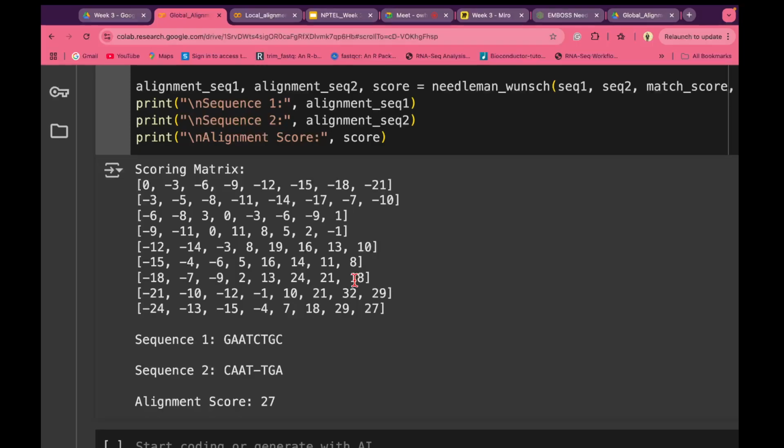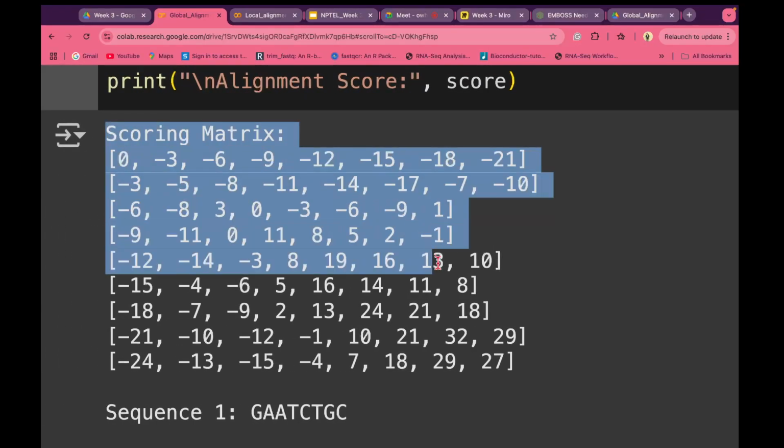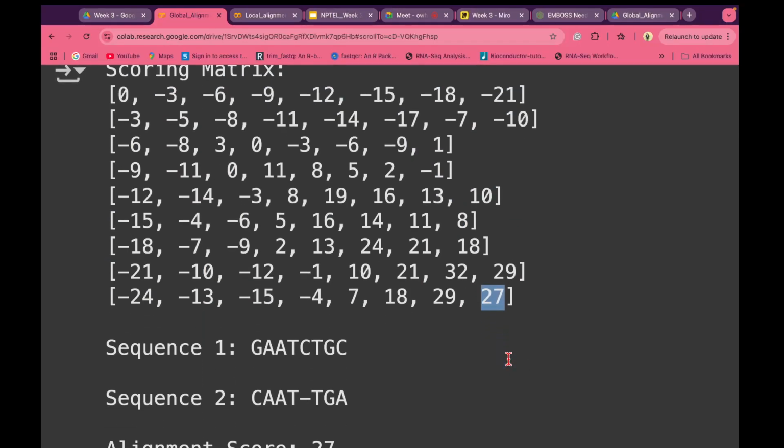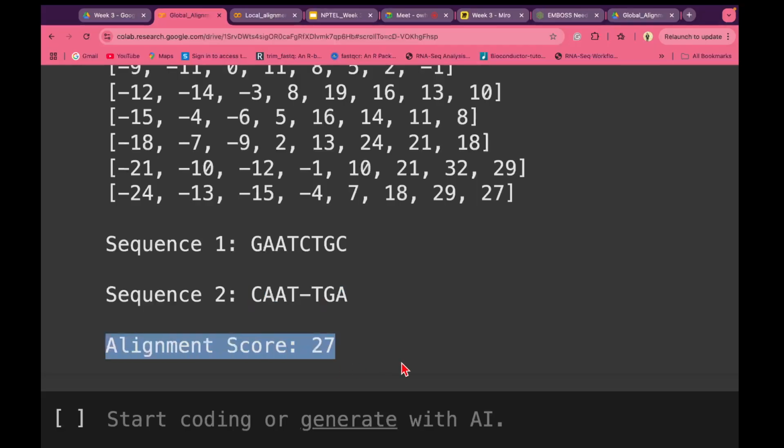When you run the code, it outputs the scoring matrix. This scoring matrix is similar to the scoring matrix you have seen in the slide, with an optimal score of 27, and this is the alignment with a gap introduced in sequence 2, the sequence starting with CAA, and the alignment score is 27.